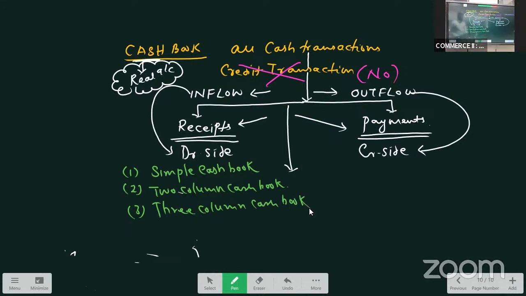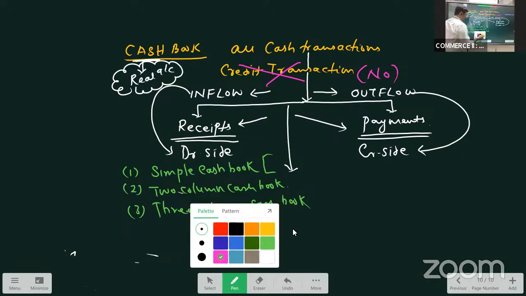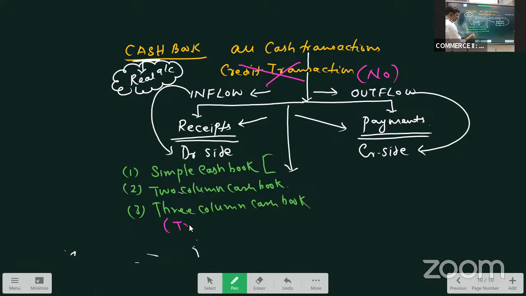Simple cash book is also called single column cash book. 2-column cash book is also double column cash book. 3-column cash book, which is very important, is also called triple column cash book. This is a 10 marker in your exam. We get this for 10 marks.